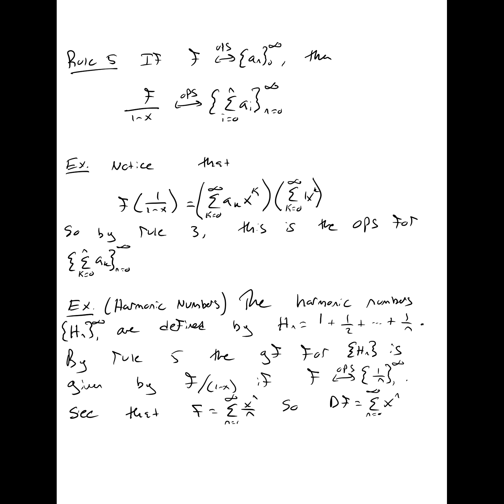Which means df, using our geometric series, is just 1 over 1 minus x. So when we differentiate this f, we're doing calculus, right? We get 1 over 1 minus x.